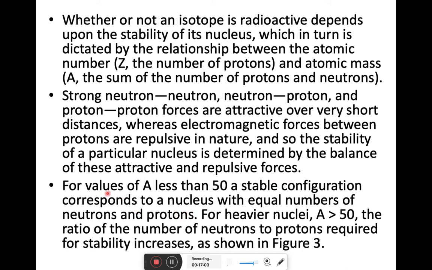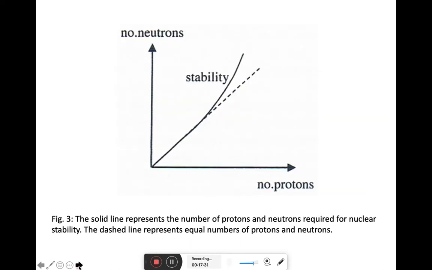For values of A, where A is the atomic mass, less than 50, a stable configuration corresponds to a nucleus with equal numbers of neutrons and protons. For heavier nuclei, for example when the atomic mass is greater than 50, the ratio of the number of neutrons to protons required for stability increases, as shown in Figure 3.